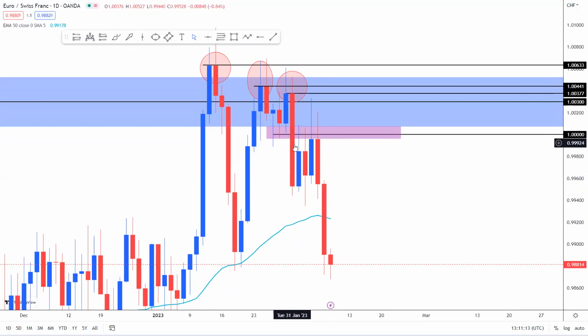And then we're looking for price to come back and retest the neckline of the double top, where we would scale down to the lower time frames for potential selling opportunities on this.